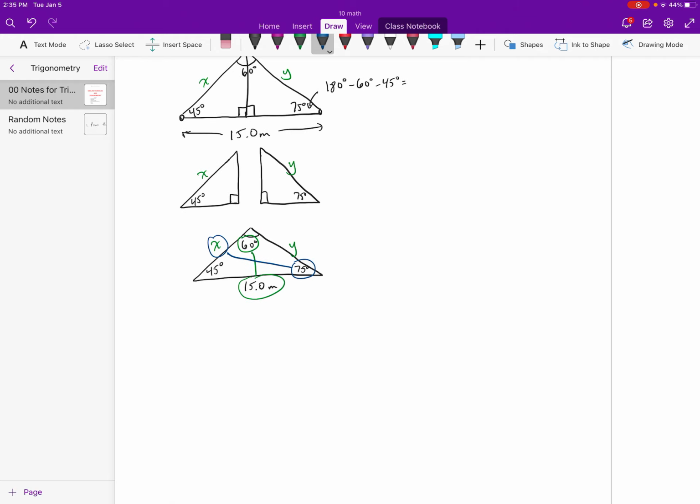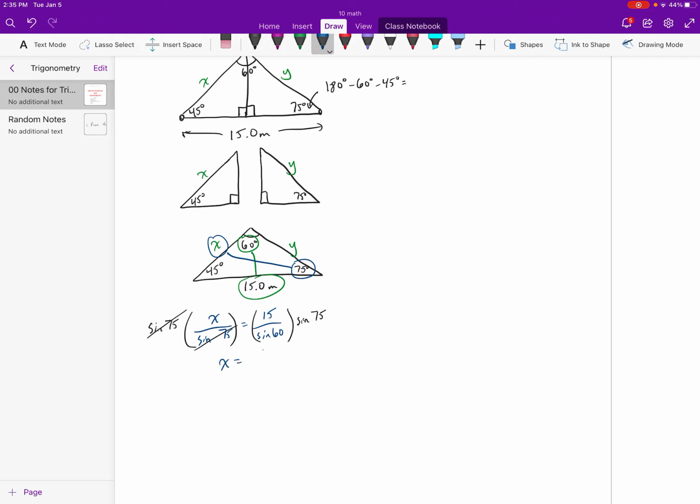So remember, we start with the unknown, x over sine of the angle. So x over sine 75 equals 15 over sine 60. So we took the other two pairs. As before, to get x by itself, we multiply by sine 75. Okay, these cross out.